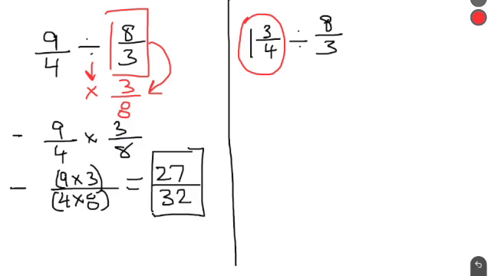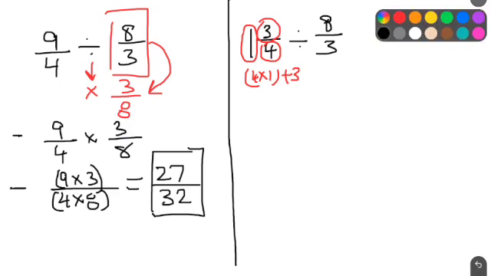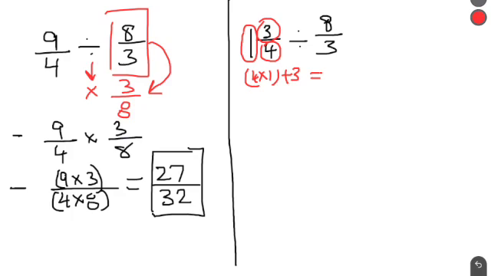To do that, if you recall in our last video, we would say 4 times 1, and then plus 3. So let's solve it first. 4 times 1 is 4, plus 3, and then it equals 7.